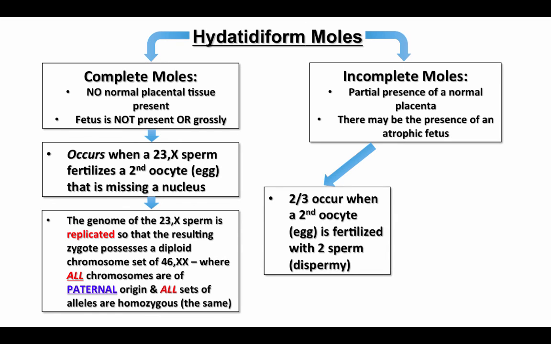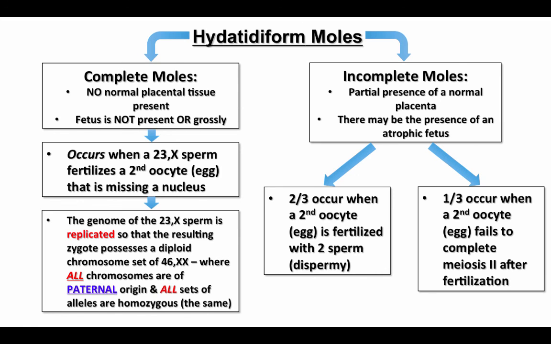Again, in incomplete moles, two-thirds occur when the secondary oocyte or egg is fertilized with two sperm, that is called dispermy, and the other third occurs when you fail to normally go into meiosis II, and as a result, you end up retaining an extra set of chromosomes in the egg.